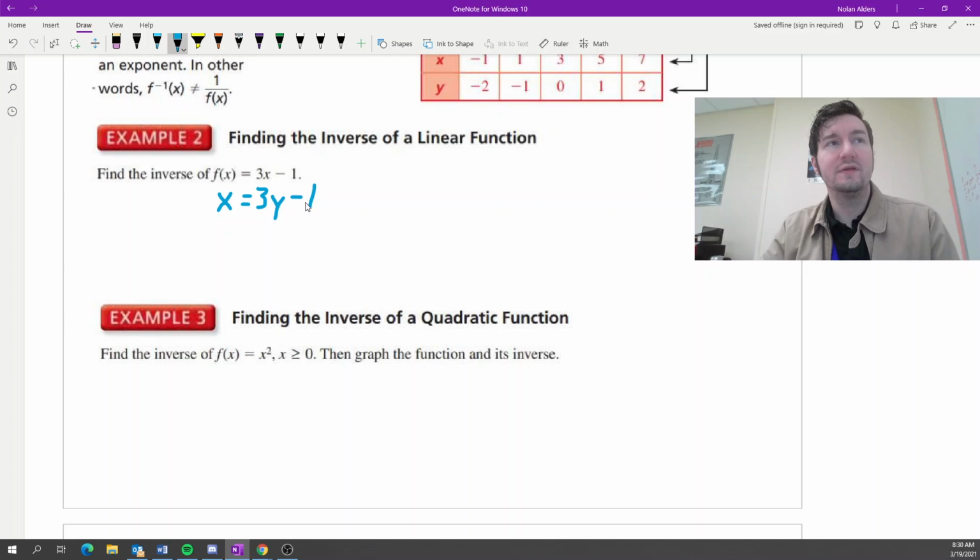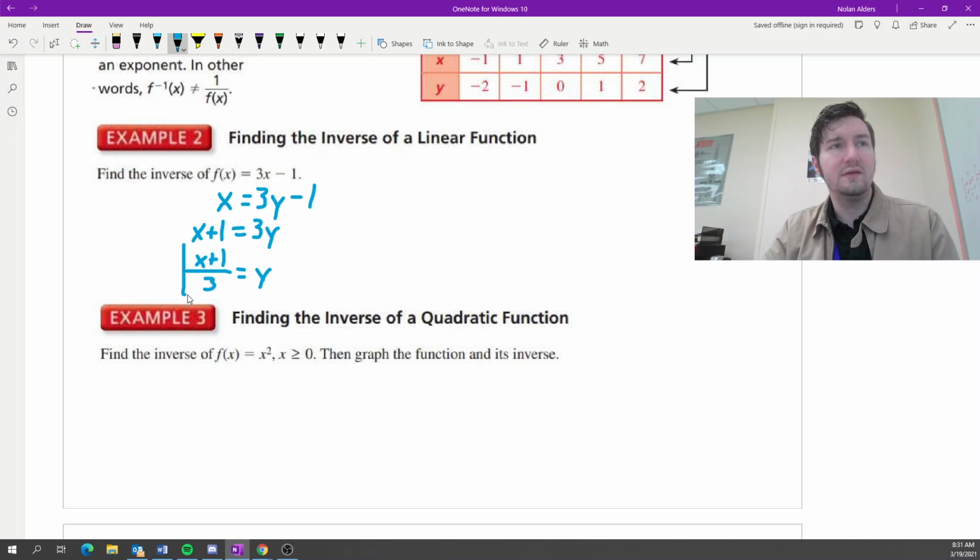So first step is we're going to add that 1 over to the left. So we'll have x plus 1 equals 3y. Next, we'll divide by 3. So we'll have x plus 1 over 3 equals y.